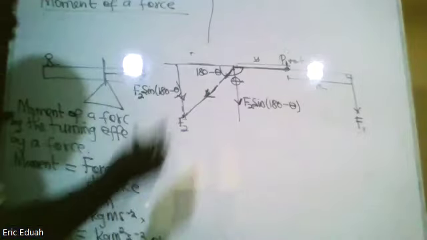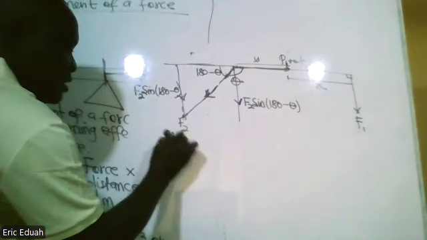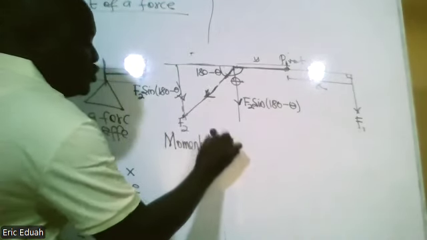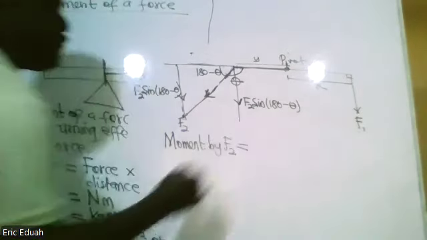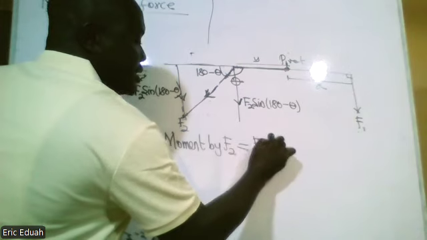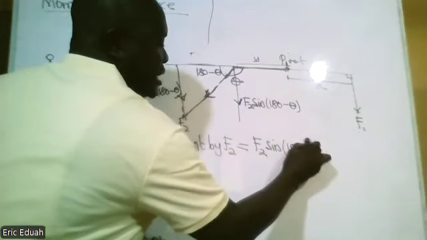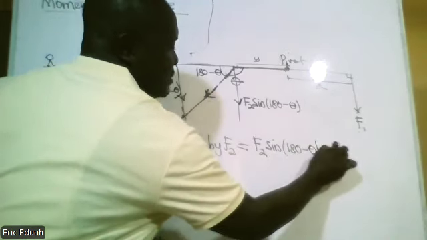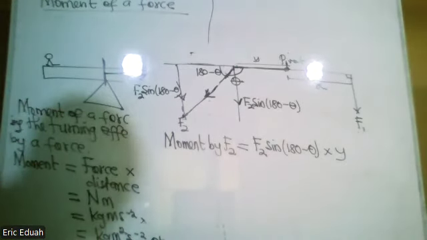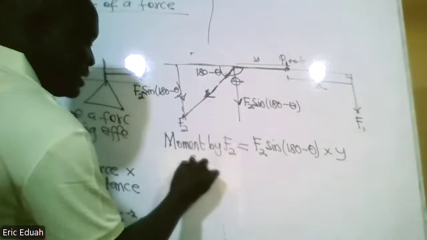Therefore, the turning effect produced by this, the moment by F2, becomes the force, which is F2 sine 180 minus theta, times y. Now let's expand sine 180 minus theta.